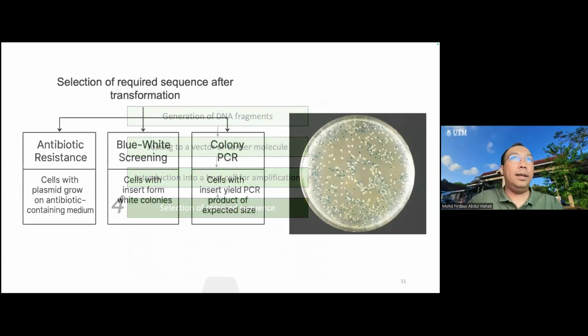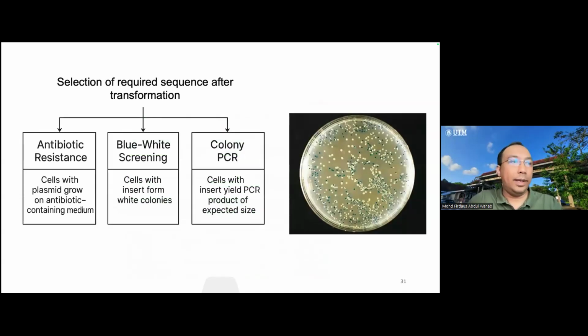In the case of bacteria, again, there are three widely used methods to see whether the transformation and the recombination is successful. Firstly is to see the antibiotic resistance. So it's very simple. Just grow your bacterial cells on a Petri plate with antibiotics. So the cells that do not have the resistance could not grow.